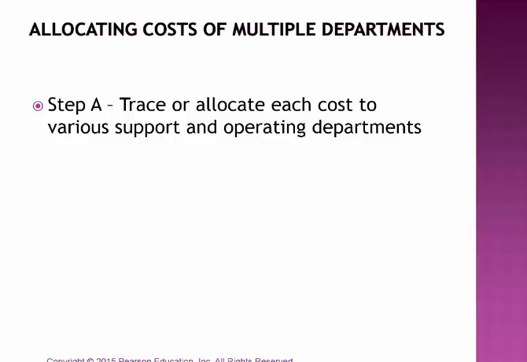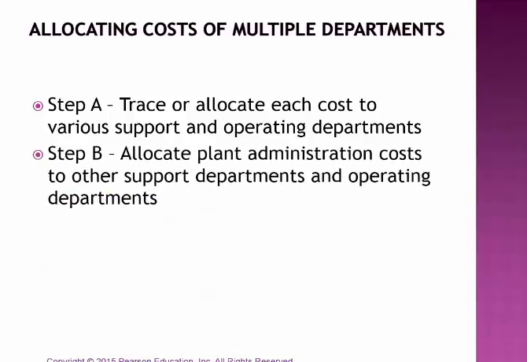We've also seen how we allocate such things as our administrative or corporate cost on down to divisions and on down to specific departments or channels, if you will. We then allocate plant administration cost on down into those support departments and operating departments based on whatever our allocation is going to be based upon.